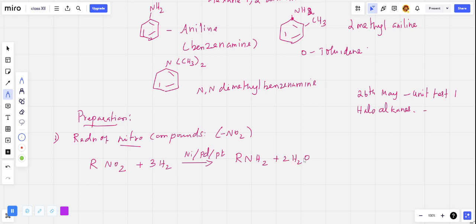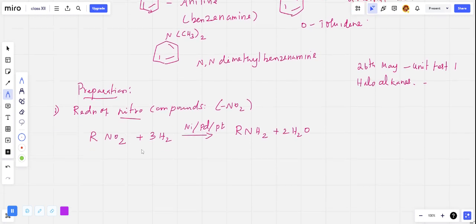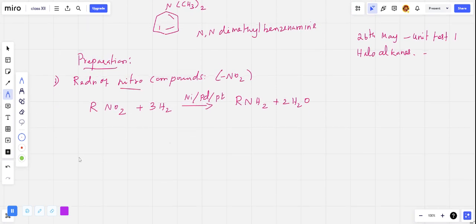Either we can use hydrogen, or we can use Sn/HCl on the nitro compound, and then in basic medium we will get RNH2, a primary amine.